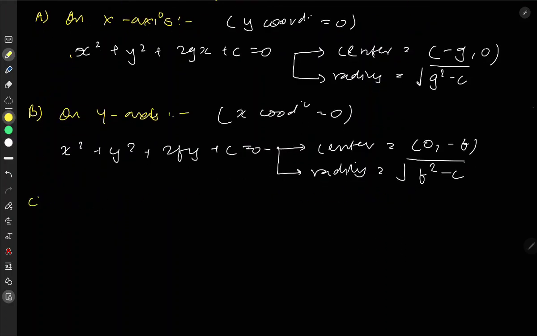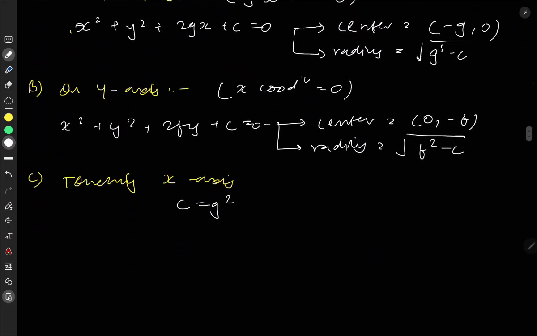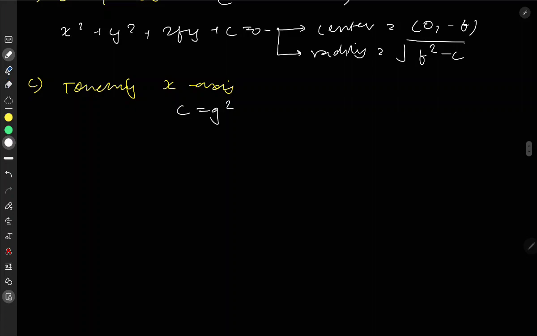Now let us take the third case, touching x-axis. At such case, we have a written theory that c becomes equal to g square. Touching the x-axis means that the graph would look something like this. I'll draw the graph, just a minute. This is x-axis, this is y-axis, and let us draw our circle.